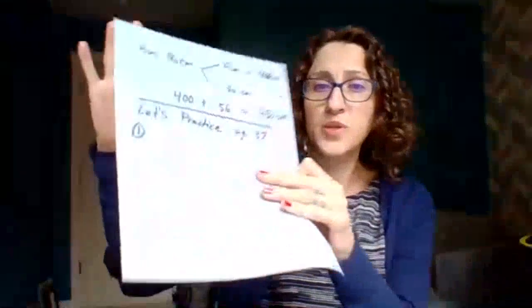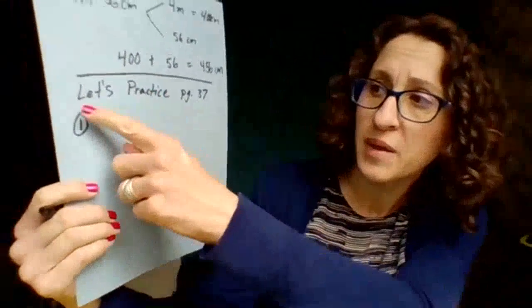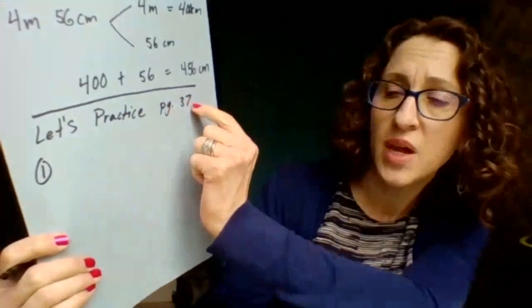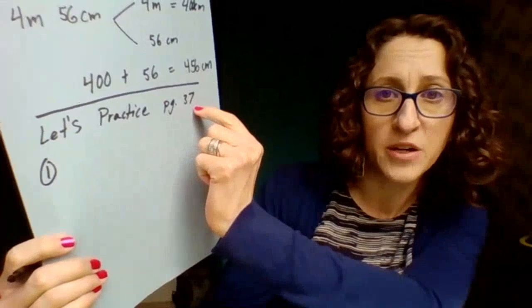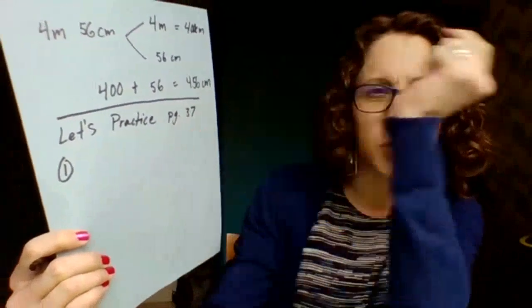I'll put it here as an example. This is how you would want to start your first blank page. You're going to start with the let's practice, and remind yourself that it's on page 37 so that you know where the answers would match in your book.